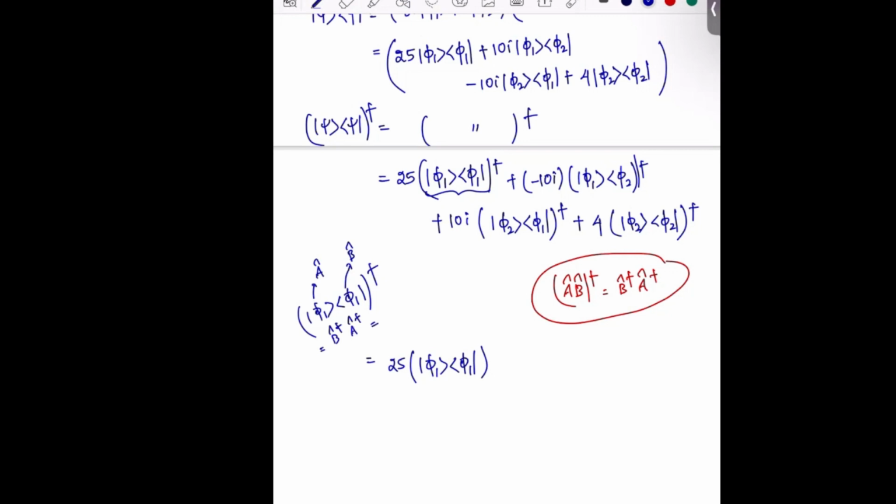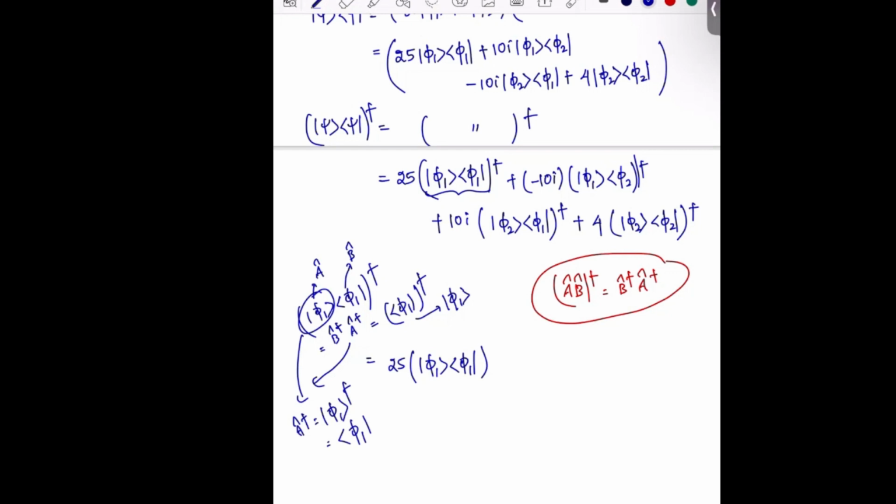So B dagger is a ket vector phi, and A dagger is phi 1 dagger, which is nothing but the bra vector.